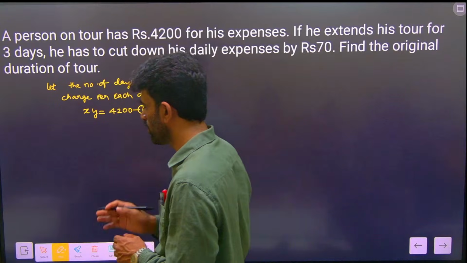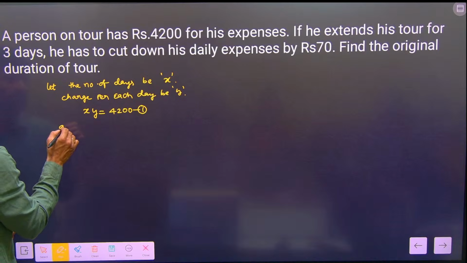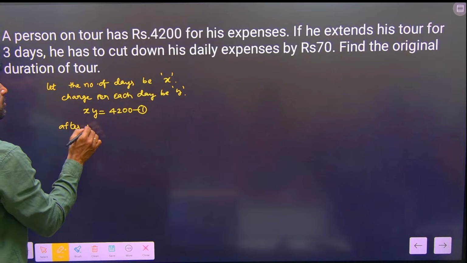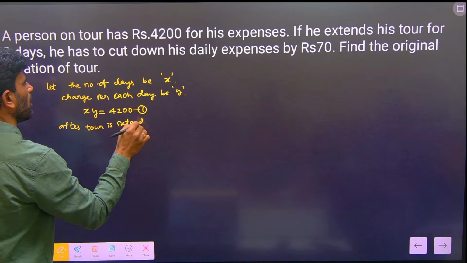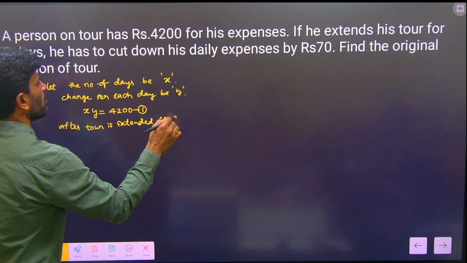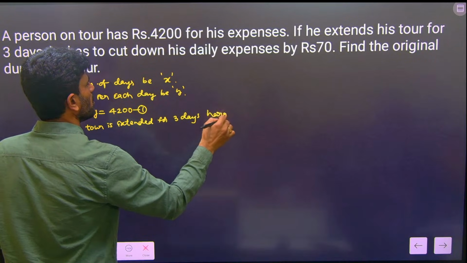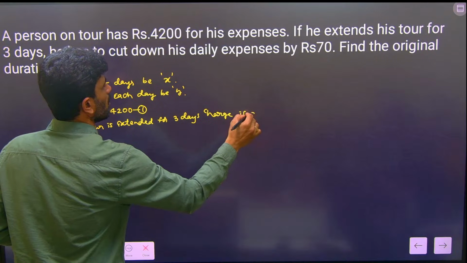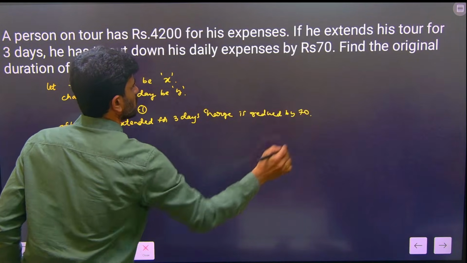Actually, number of days is x only, but later it is extended for 3 more days. So after the tour is extended for 3 days, charge is reduced by 70 rupees.